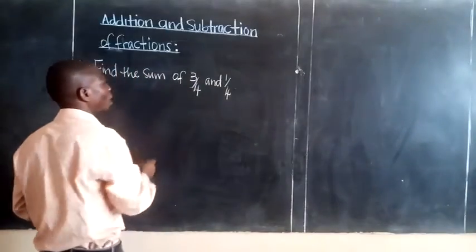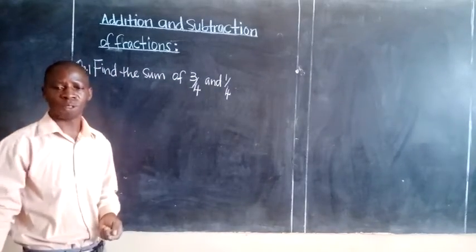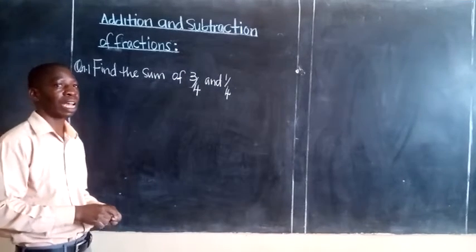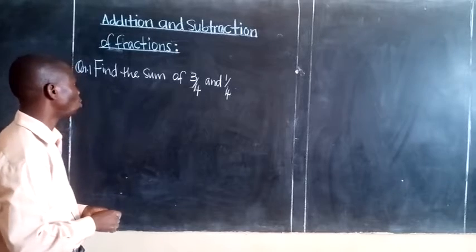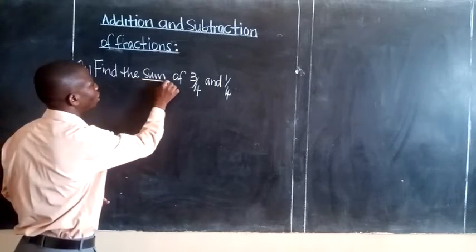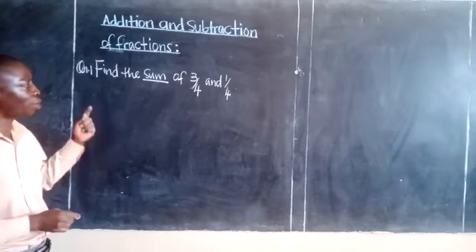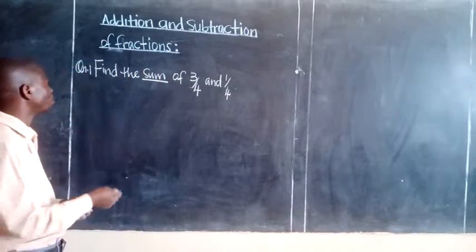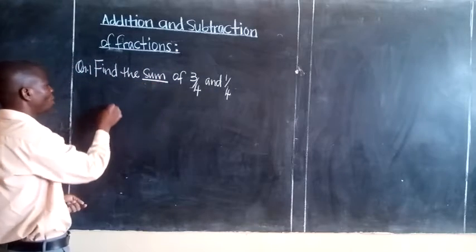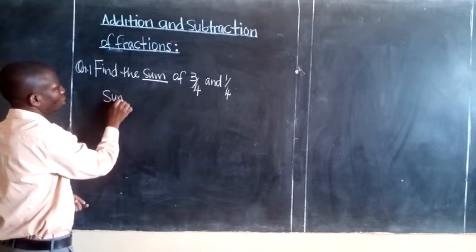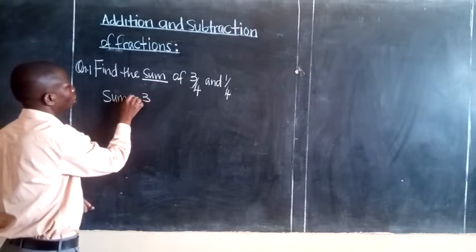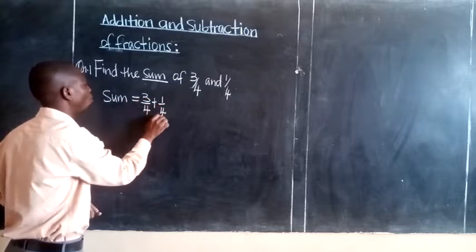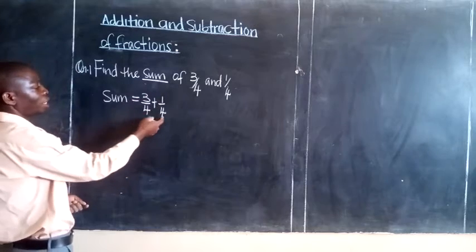You remember what we discussed when we were looking at addition of fractions in word form. We said sum means addition. So what are we going to do? We shall add to get the sum. And we said our keyword is sum. So there we shall say sum equals 3 out of 4 plus 1 out of 4, 3 quarters plus 1 quarter.